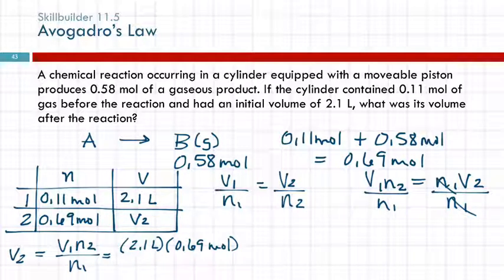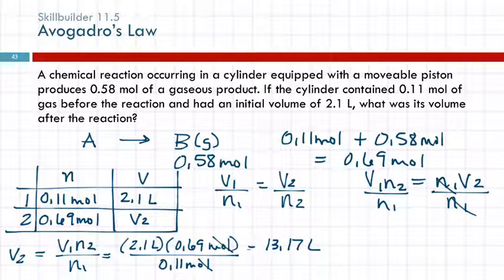And the initial number of moles was 0.11. Moles cancel out. The 2.1 times 0.69 divided by 0.11 is 13.17 liters. And that should have two significant figures, so we would give our final answer as 13 liters.